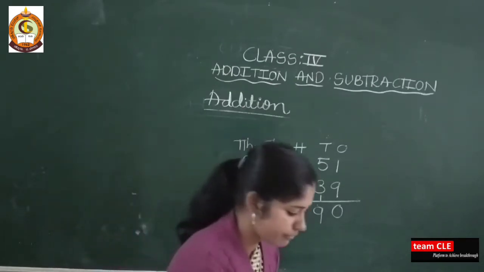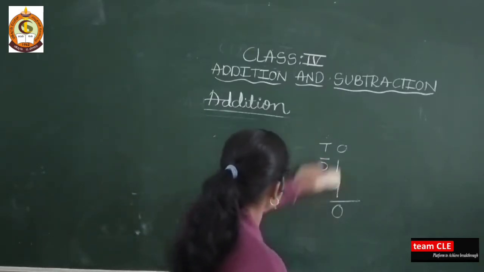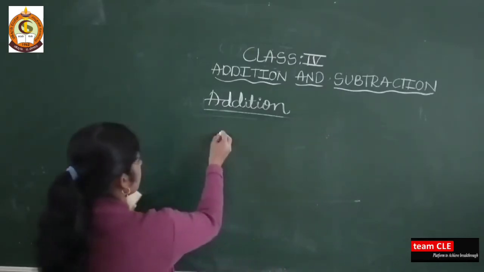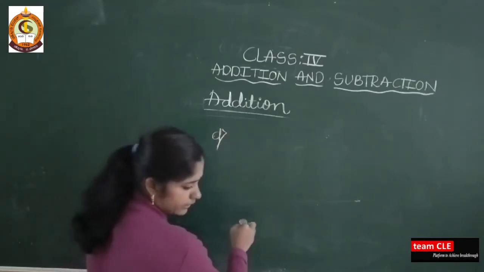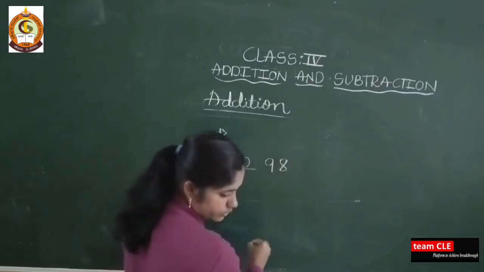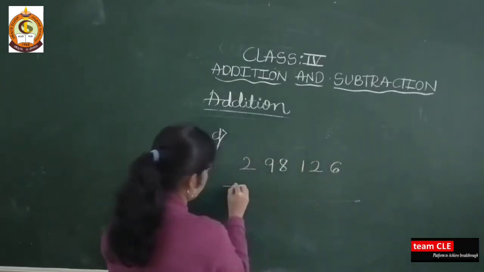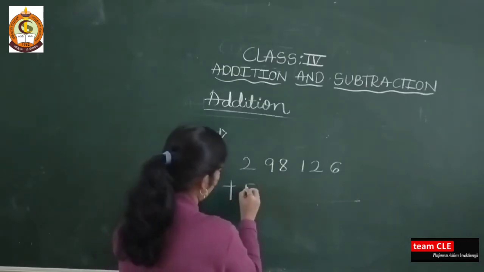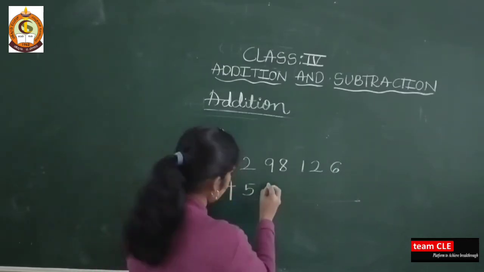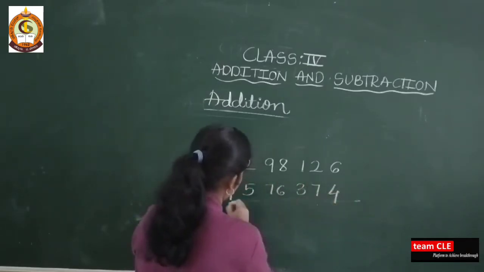So this is the first. Next I will solve D1, and the question is 2,98,126 plus 5,76,374.